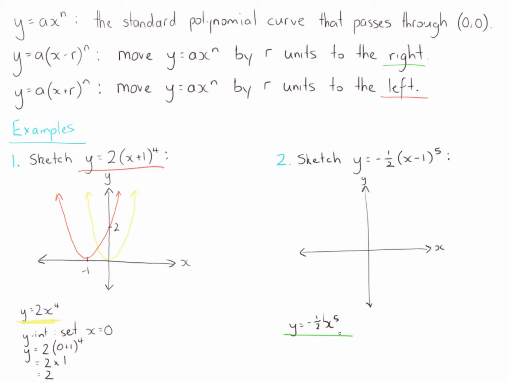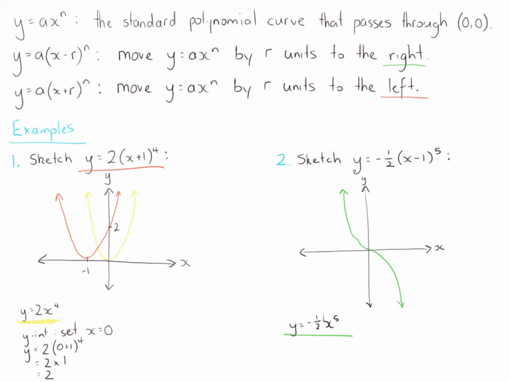The power is odd, so we know it has a cubic shape. However, instead of going this way, we have a negative coefficient out the front, this negative half, which flips our cubic, it flips our graph to look more like this. So that's what our more standard graph would look like.